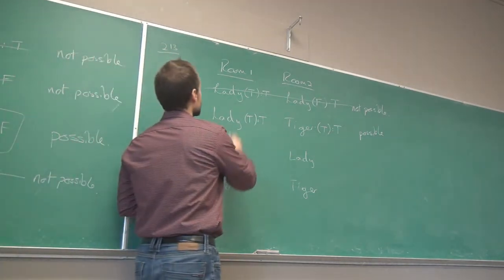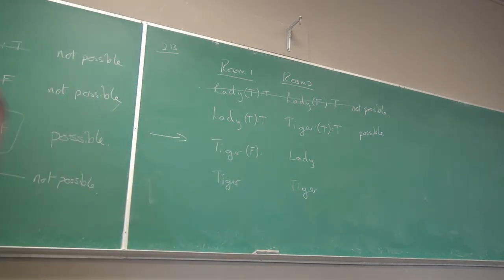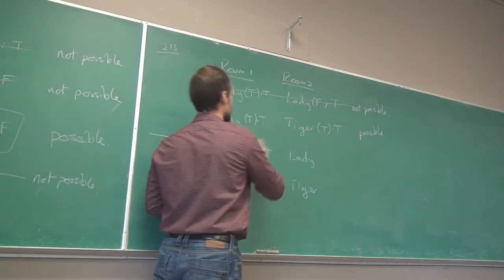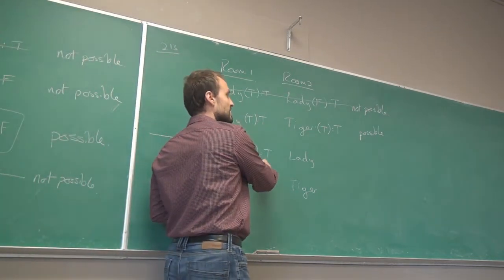If there's a tiger in room 1, the sign should be false. Let's see what the sign says. At least one room contains a lady. True or false? True. What do I do next? Move on with my life, because it immediately doesn't match up.